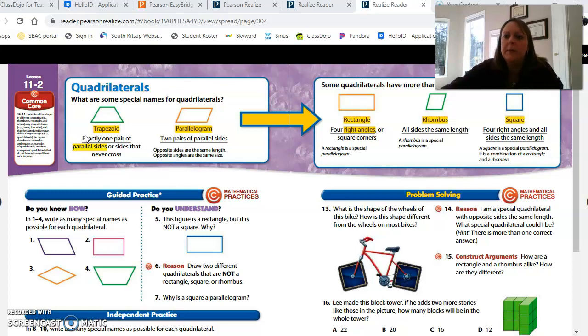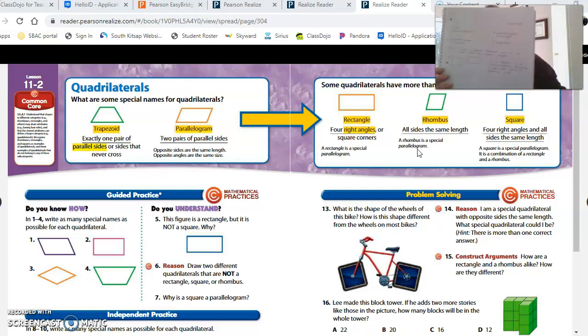I'm going to look up at the top at this square right here. And it is a parallelogram because it has 2 pairs of parallel sides.